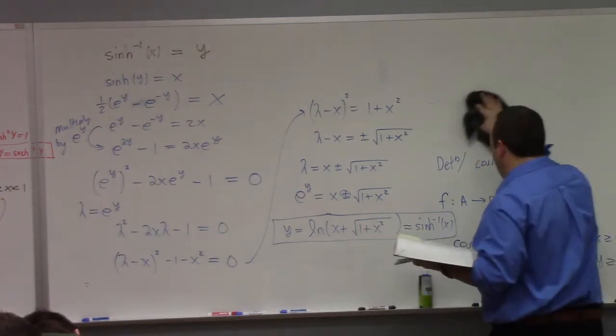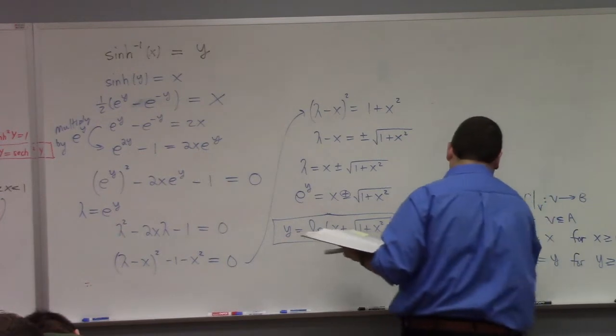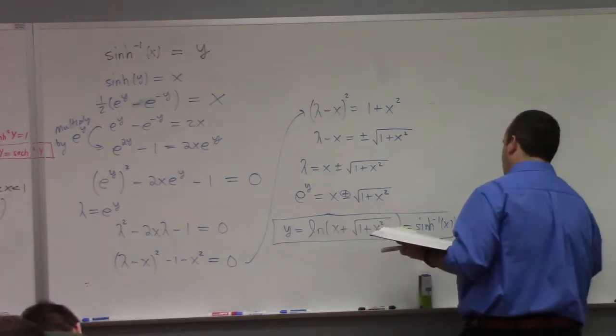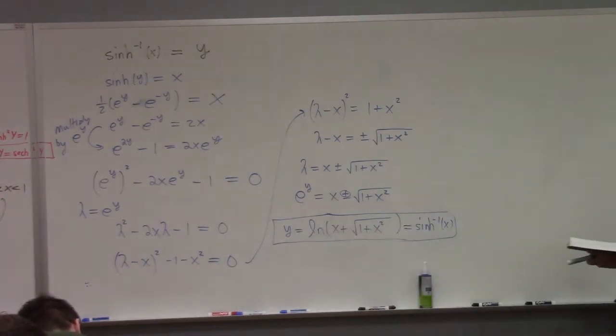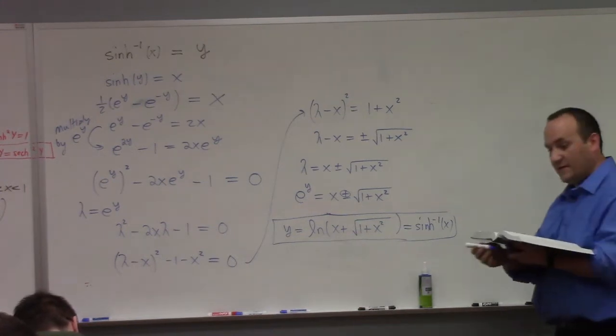So here's an awful question. Can you see why the equation I just boxed would allow us to find out what the derivative of inverse hyperbolic sine is?